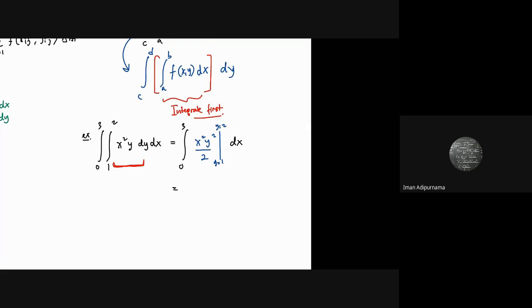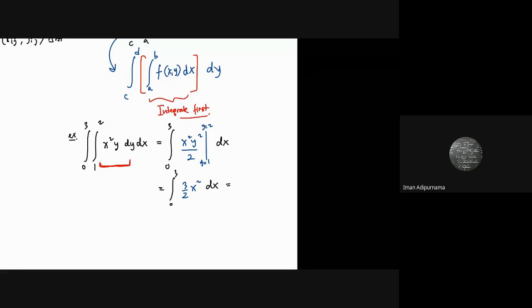And now we integrate with respect to x. Or maybe we calculate the inside first. So 4 minus 1 is 3. So it will be 3 over 2 x squared, and then dx. And this is divided by 3.